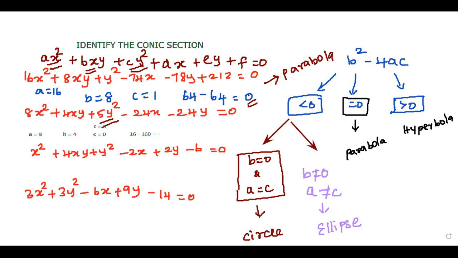Okay, I'll try the next one then. So in this one, A is equal to 1, B is equal to 4, and C is equal to 1.